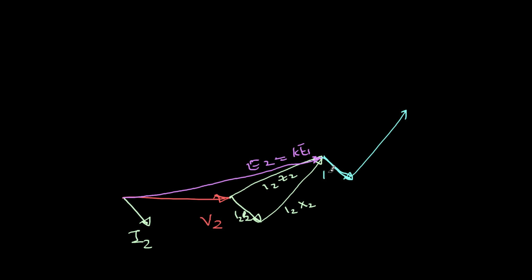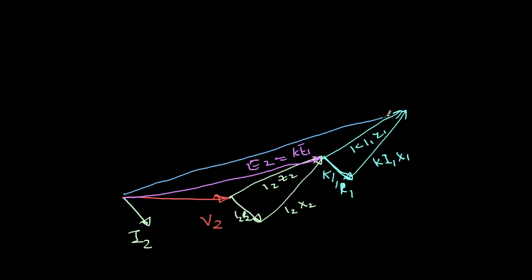So this will be K into I1 into R1. This will be K into I1 into X1. This is K into I1 into Z1. So this total, now I get this new vector. This is K V1. So like this, it becomes simplified.